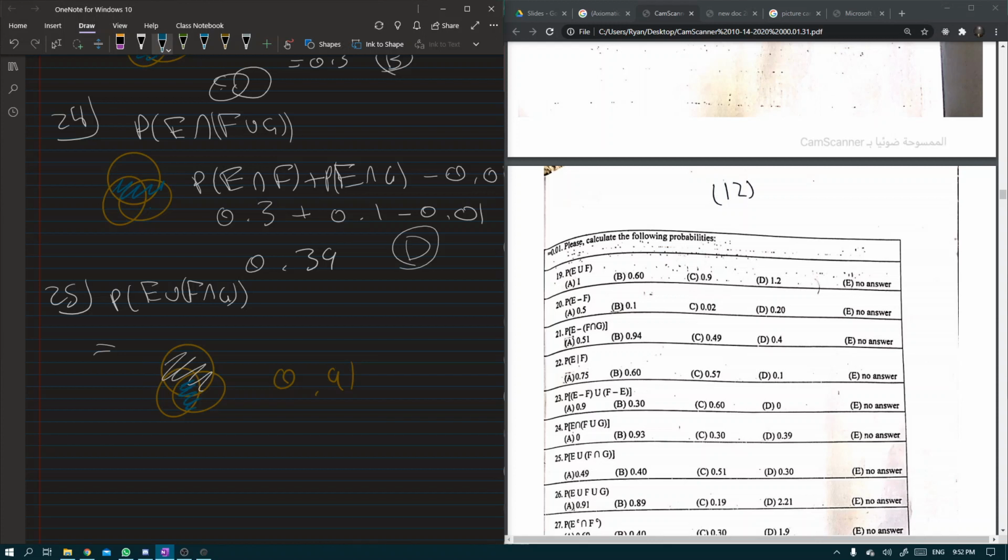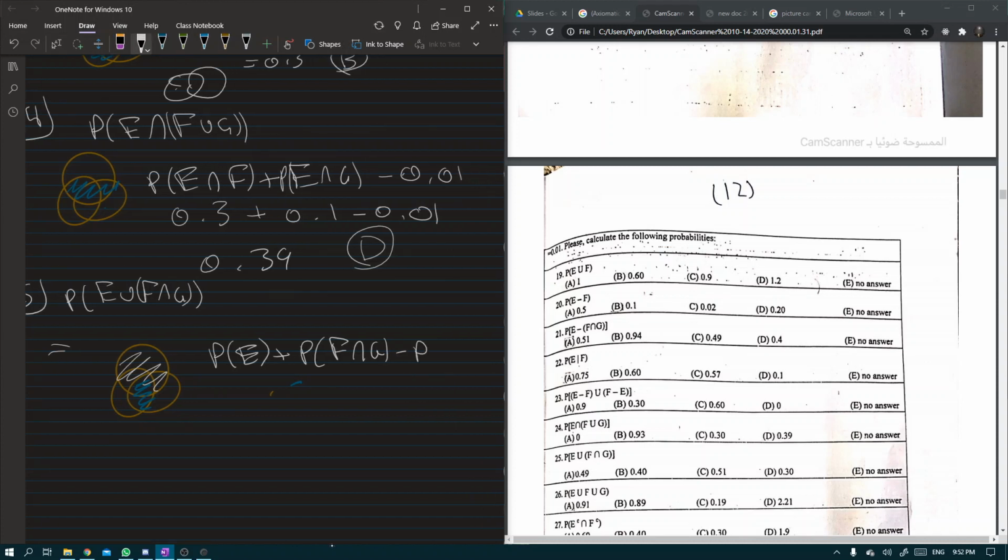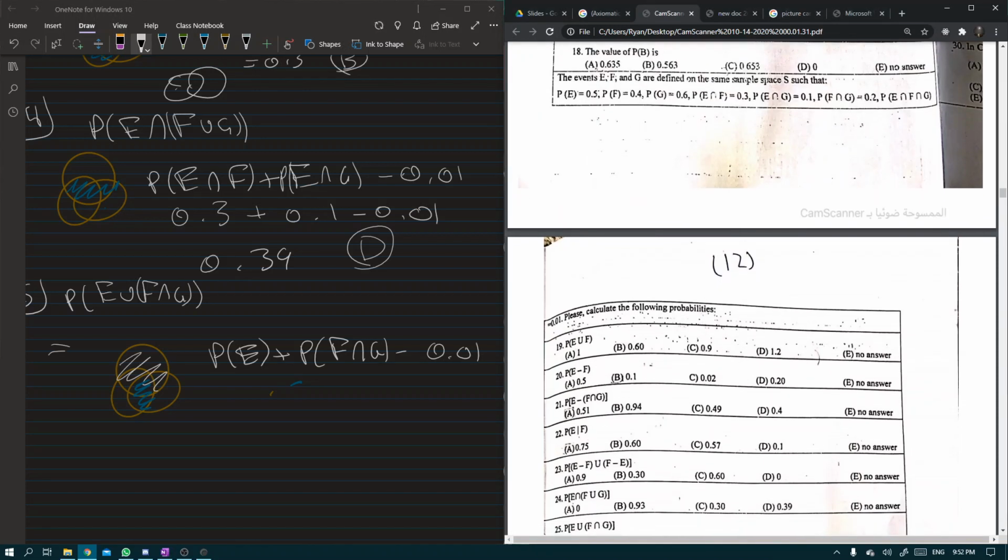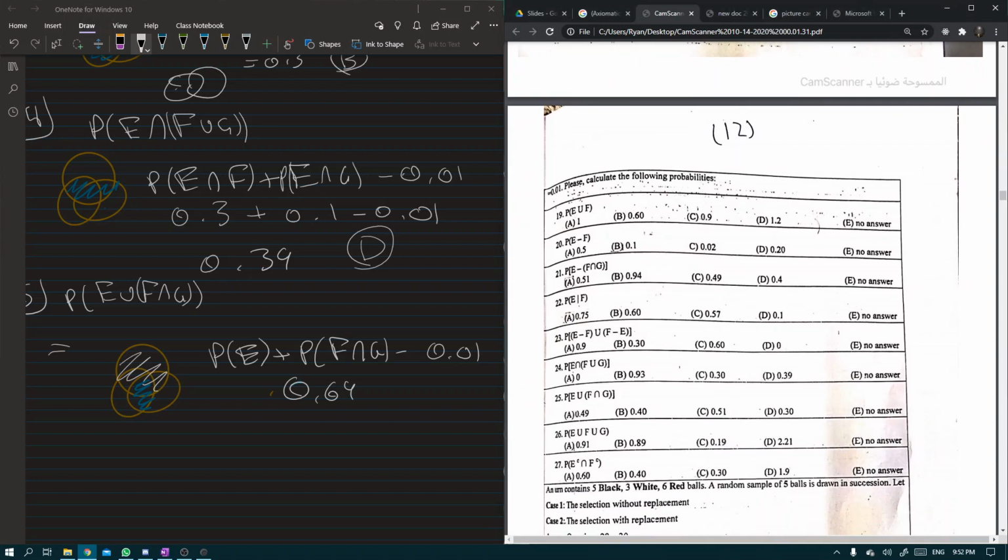Union, so this is just E. So probability of E plus probability of F intersection G minus probability of the middle 0.01. So 0.5 plus F intersection G 0.2 minus 0.01 is 0.69. Okay, that's 25.